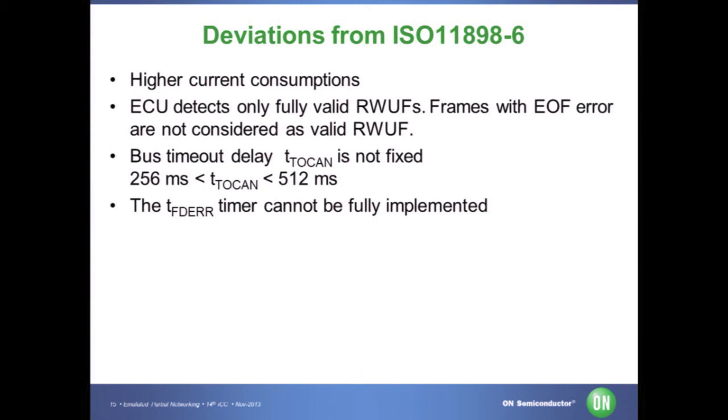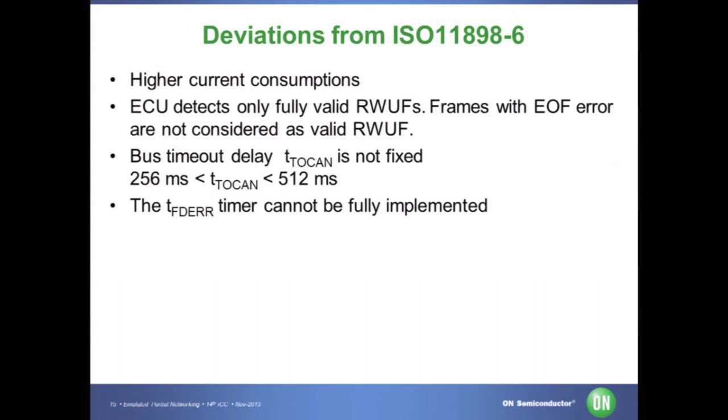Another thing is that the timeout I mentioned, when there is no communication on the bus, is not fixed, but varies from 256 to 512 milliseconds, depending on the precise point where we detect the very last frame. And the last deviation is that the FD error timeout is also not implemented.